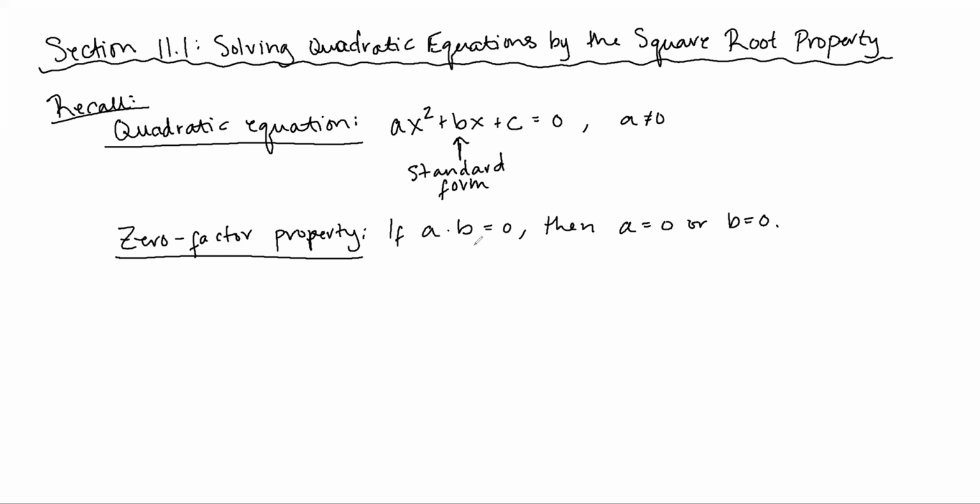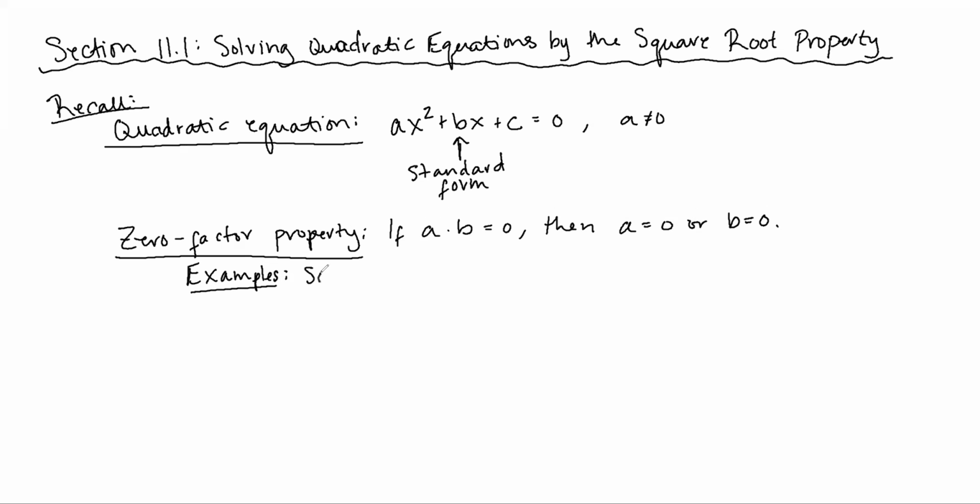So this is what we did when we split our equation up into two separate equations. So what I want to do is start by solving just a couple of examples as a refresher, and then we'll jump into the main part of this section where we talk about the square root property.